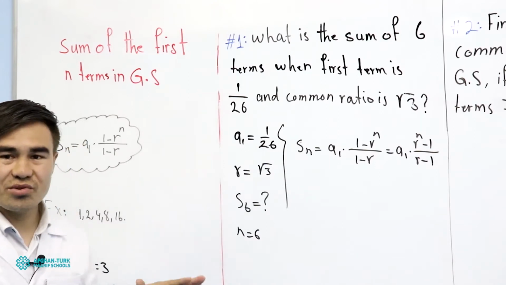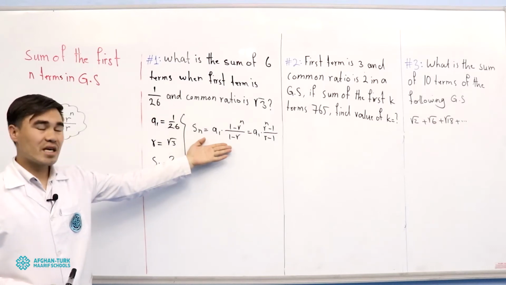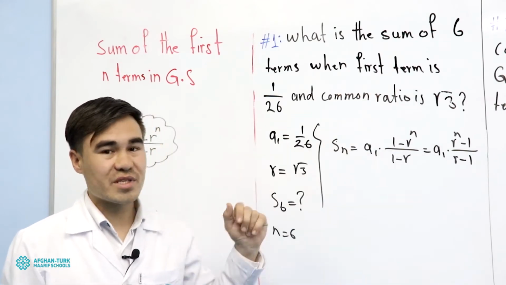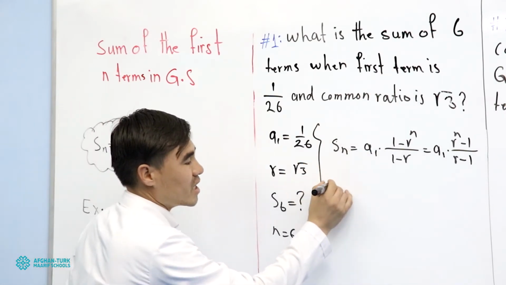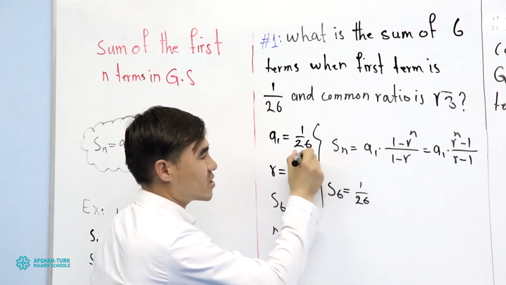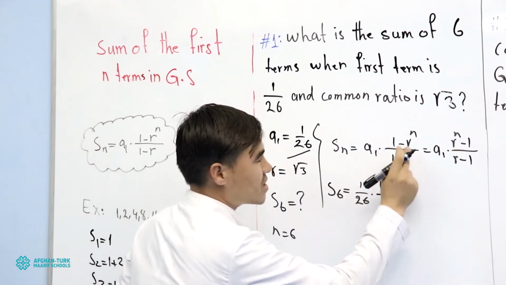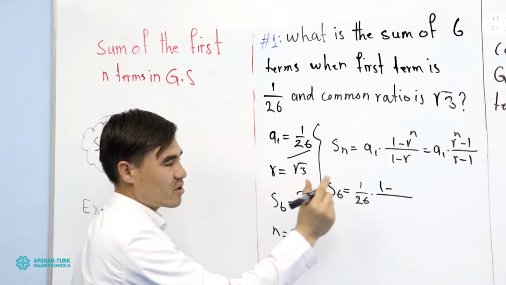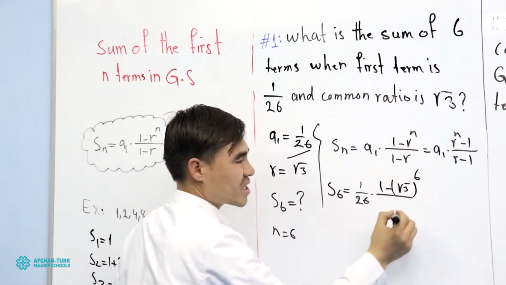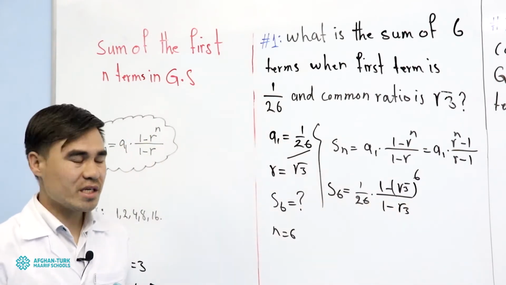When I substitute the values given in the example, it is very easy to find the sum of the first 6 terms. S6 is equal to a1, which is 1 over 26, times 1 minus the common ratio, the square root of 3, to the power of 6, over 1 minus the square root of 3. Let's simplify this.